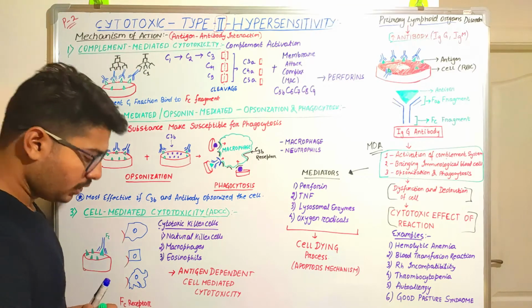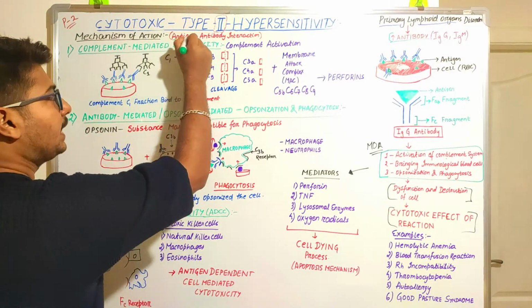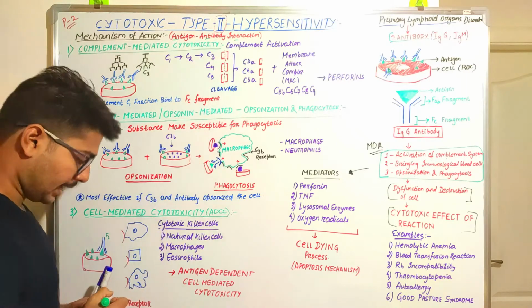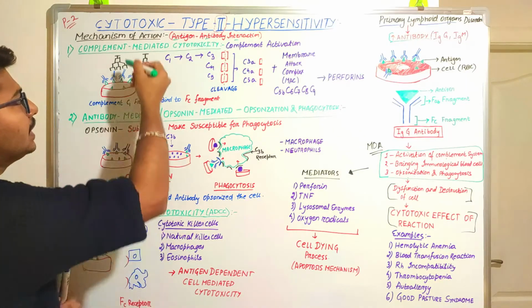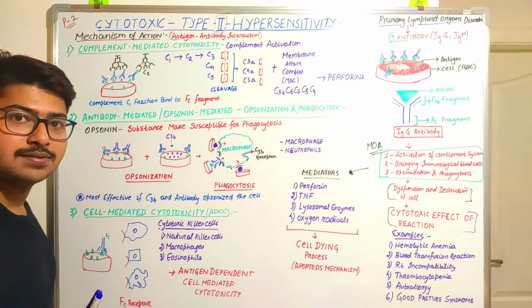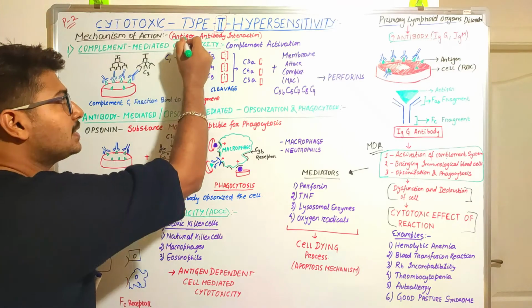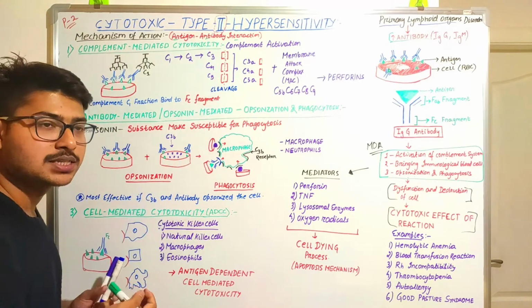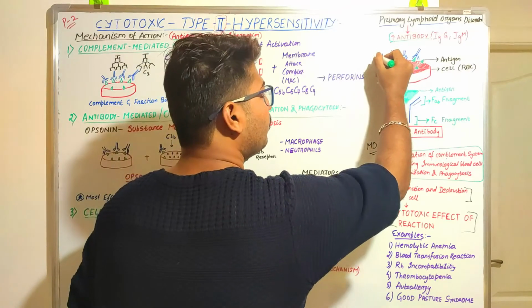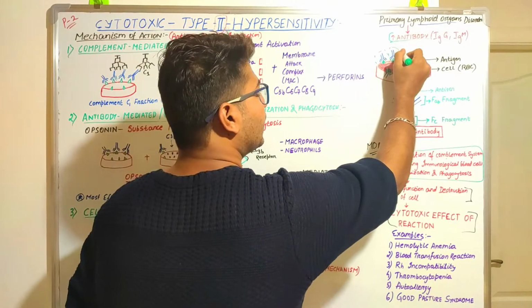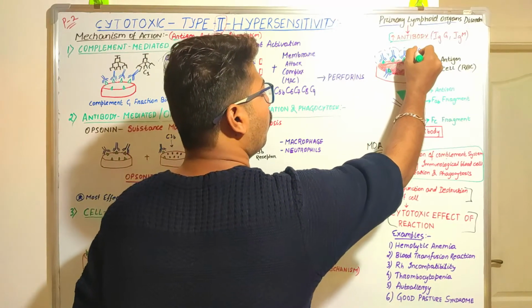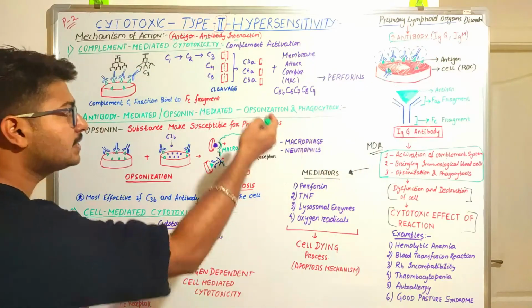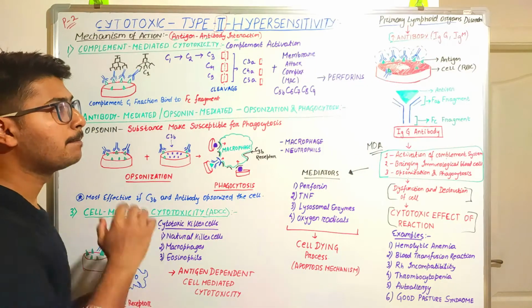I want to make one thing clear, that it is antigen antibody interaction. This whole process is triggered by the antigen antibody complex, which triggers the release and functioning of certain factors.